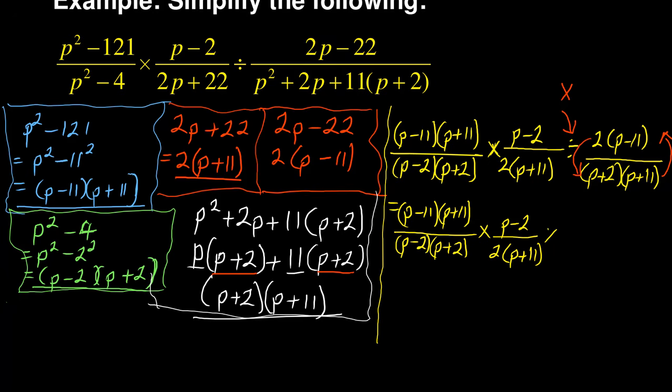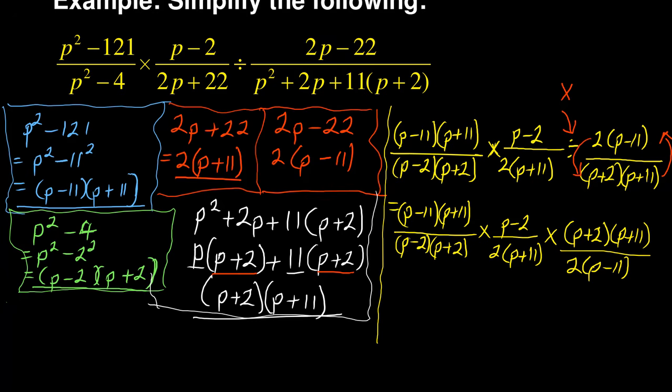Then I've got the multiplication now. Remember that bottom now has gone to the top, p plus 11 all over now 2p minus 11. At this stage I can start to cancel out whatever is common.